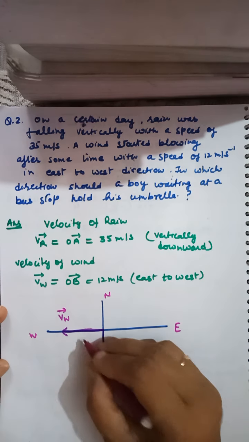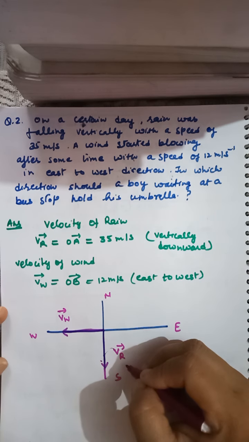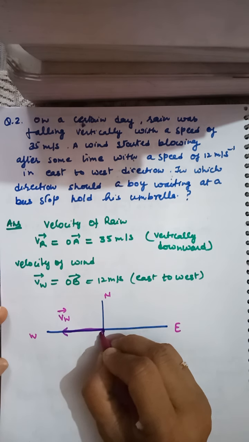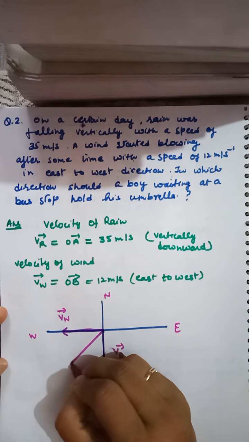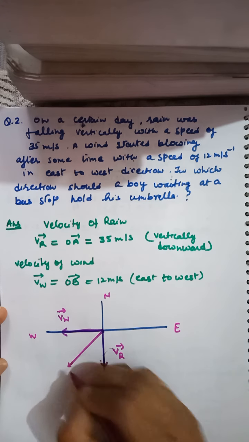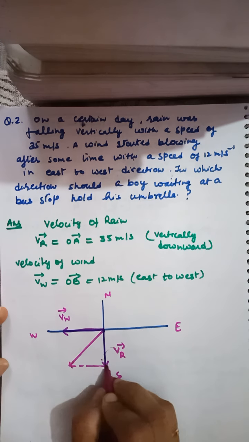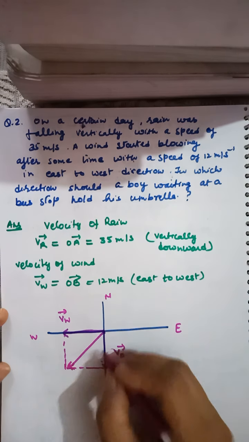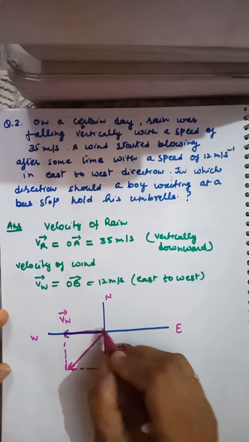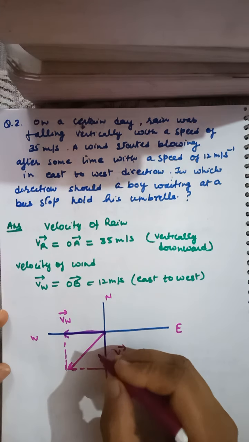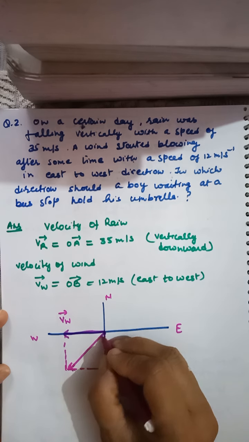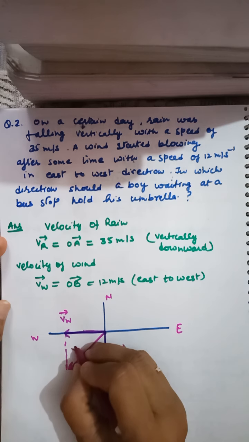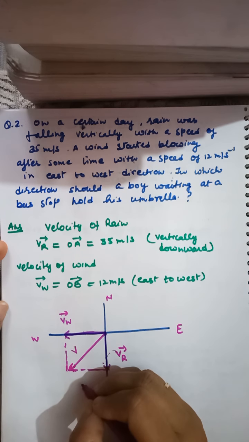Where is the resultant of these two vectors? According to triangle law of vector addition, the resultant will be lying in this direction. So when you draw a perpendicular from here and a perpendicular from here, you can say the parallelogram law of vector addition you are going to follow, and this is the resultant velocity of these two, and this is the velocity V we are going to consider.